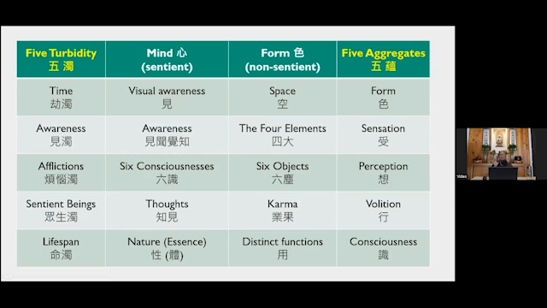Then the form exists and time exists. And then the second part is our awareness grasping the 4 elements. So we have sensation. Then our view, our awareness becomes turbid. Then further on, our 6 consciousnesses grasp the 6 objects.